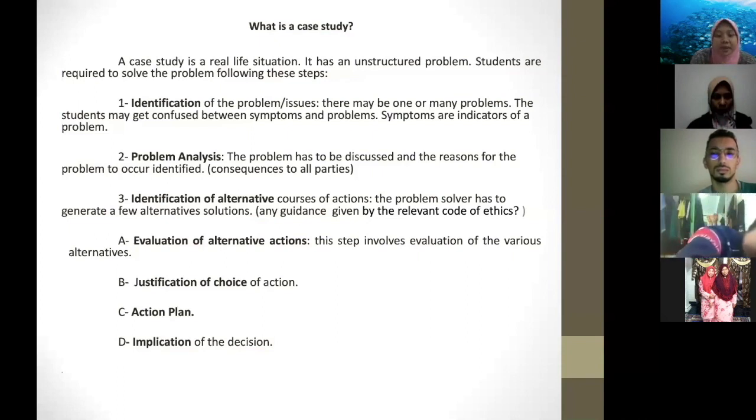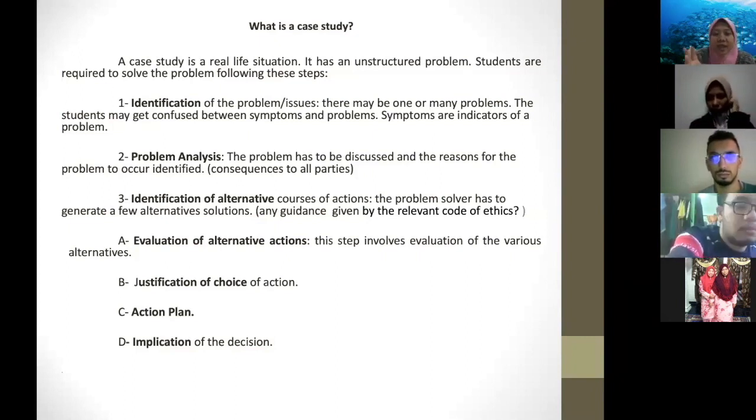Your friends may answer in a different way. As the examiner, I will read everything and see if your answer is logical or not. If it's not logical, then I will argue why you should get the marks. But if it's logical and you have data and facts from the case study, then I will consider it. So in a case study, there's no right or wrong.